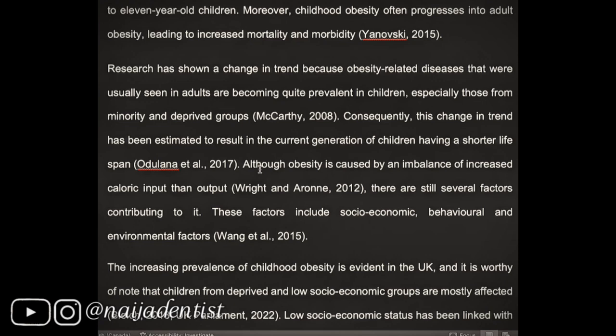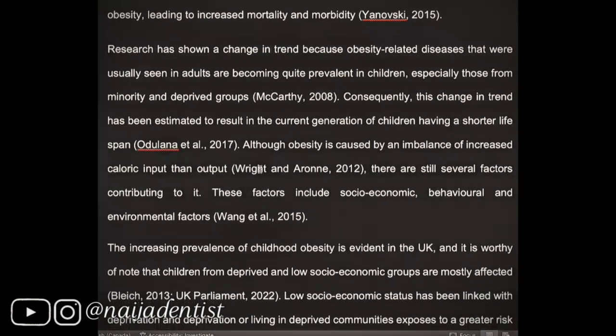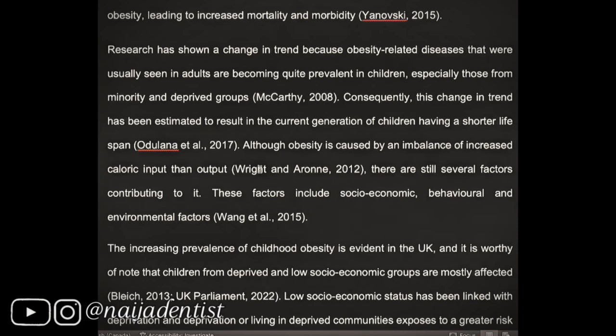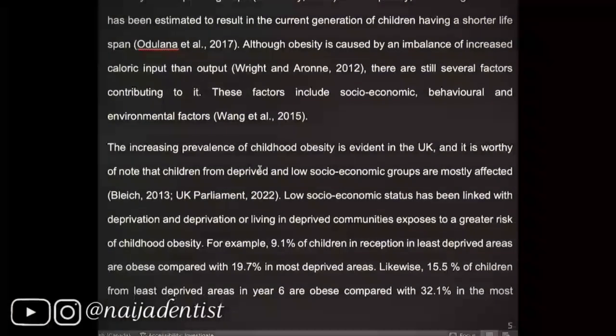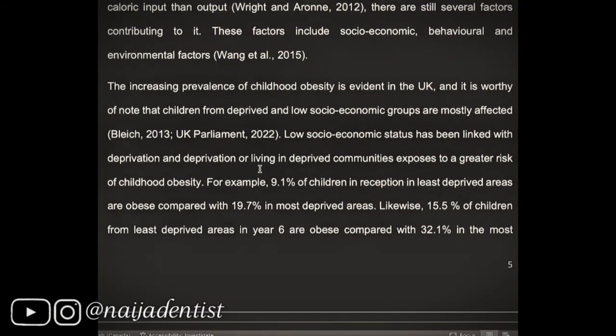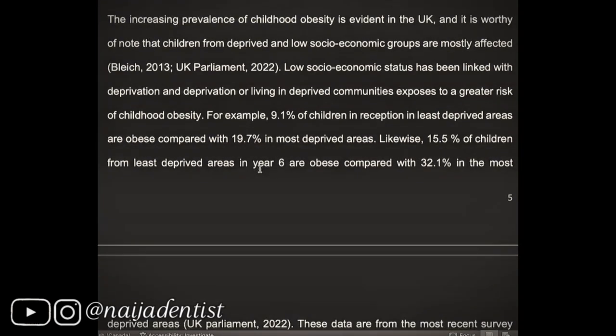Obesity is now seen as a social problem, which is what we're trying to establish here, and then we identify those factors. So we're still building onto that story. Now, because we have identified that it's a social factor, that means that children from poor communities, which mainly the BAME community belongs to, are usually more affected. So we go on to back that up with evidence as well.